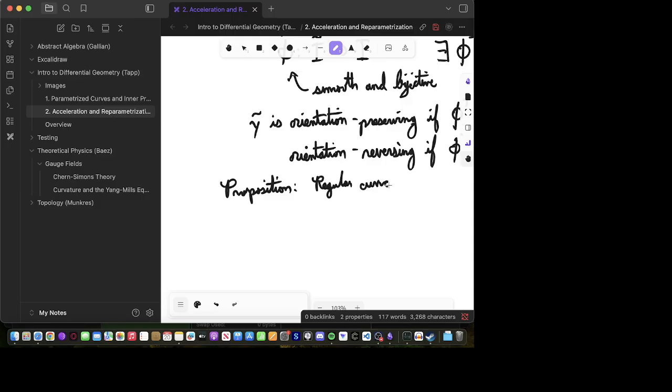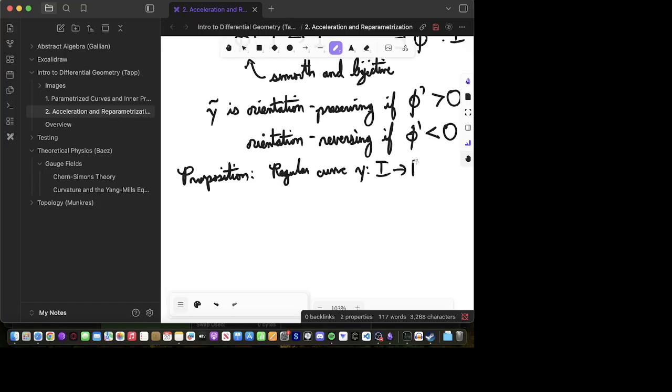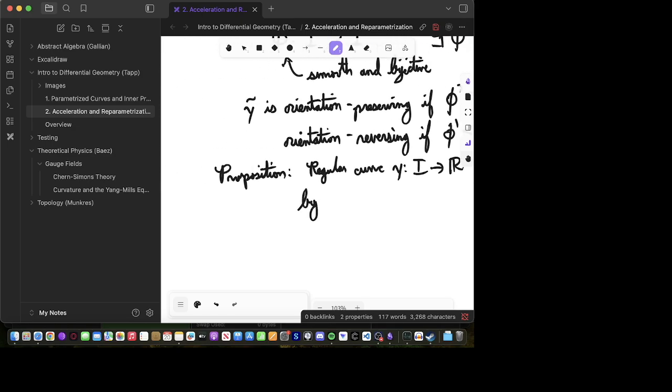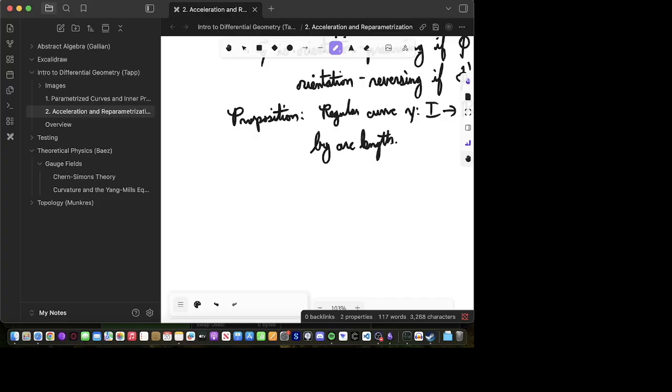A regular curve, gamma, can be reparametrized by arc length. So, how are we going to prove this? We want to find a way to reparametrize it by arc length.